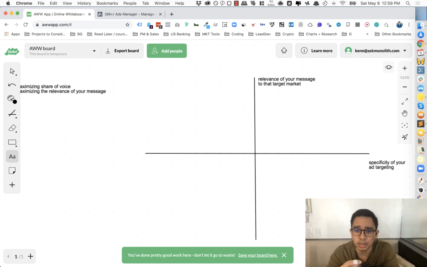The second factor is the relevance of your message to that target market. The great thing about being extra specific with your ad targeting is that you're now able to be much more personalized with your ad message. For example, when we were talking about a mom with kids aged from 5 to 13 years old, with an interest in French cuisine, you can then match the ad message to that particular target market.